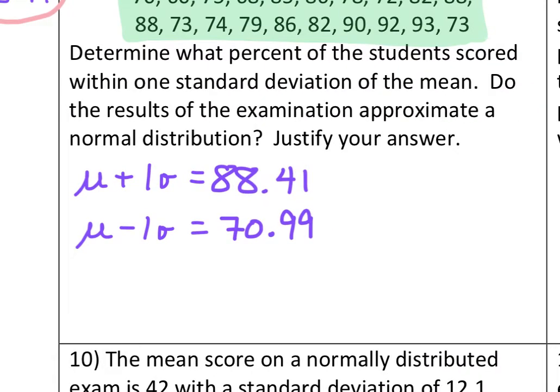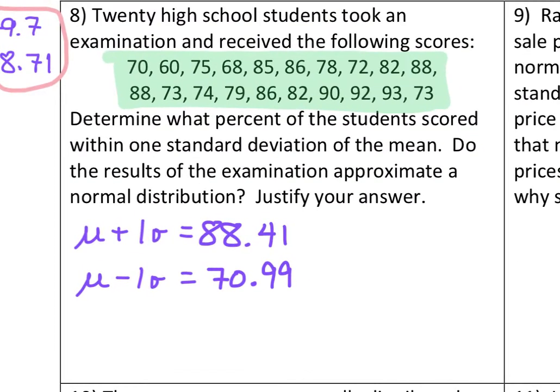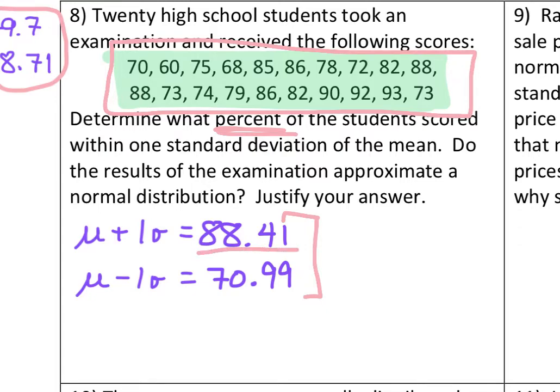And so you're going to go back up to the data set, and you want to know the percent of students who scored in that range. And so you're going to look for every score that occurs between 88.41 and 70.99.